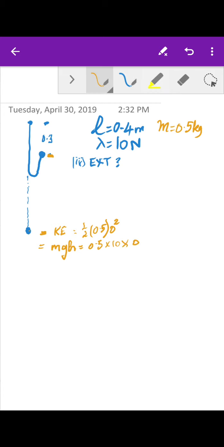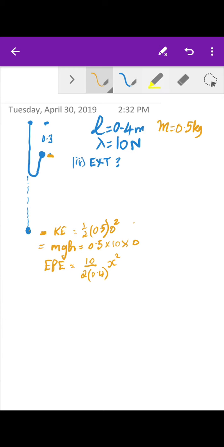The thing is, there's going to be an elastic potential energy in the system. We just don't know what that stretch is going to be. So the stretch in this case we'll say is x, so it's going to be 10 lambda over 2 times L, so 2 times 0.4 times that stretch squared.